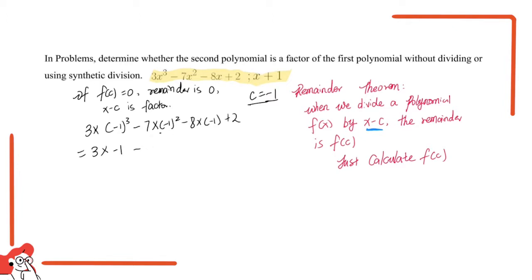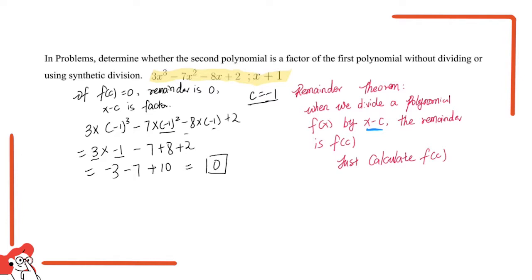Minus 7, right here, -1 squared is equal to 1. So minus 7. Right here we have 2 negative signs, so plus 8, plus 2. We should get -3 because 3 times -1. So -3 minus 7 plus 10. So -10 plus 10 is equal to 0.